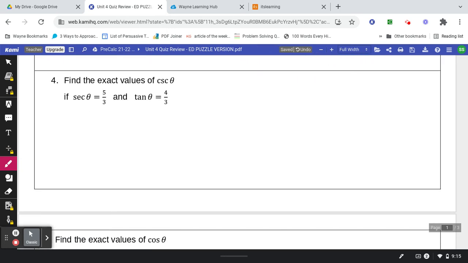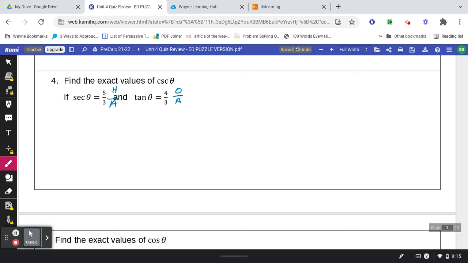All right, problem number 4, find the exact value of cosecant if secant is 5/3 and tangent is 4/3. All right, so we'll have to label. Secant is H over A. Tangent is O over A. And I have all 3 of my sides there, O, A, and H labeled.